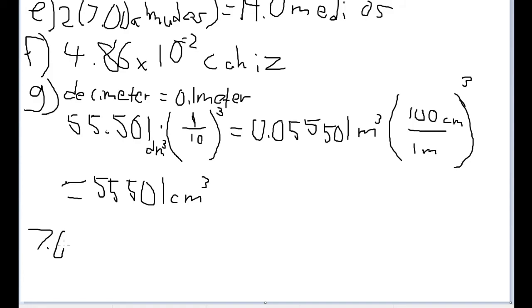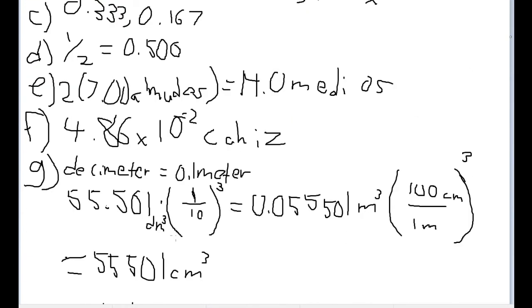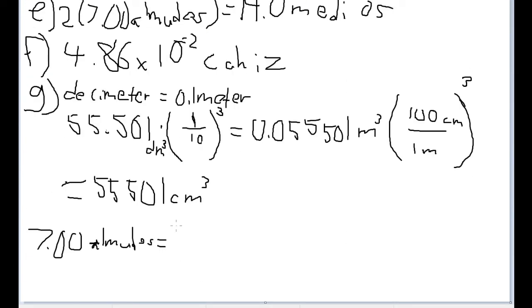So now in our final little calculation, we know that 7 almudes is equal to, let's make the conversion into fanegas now.